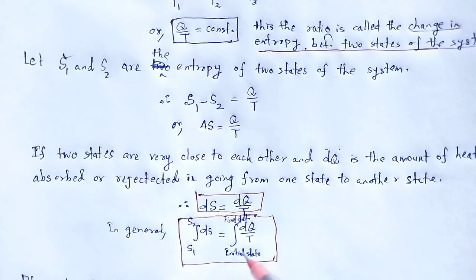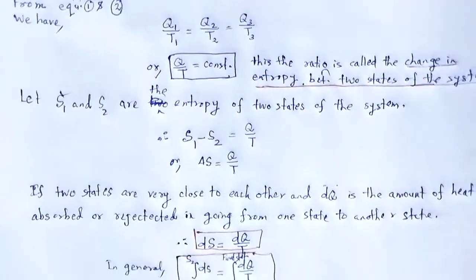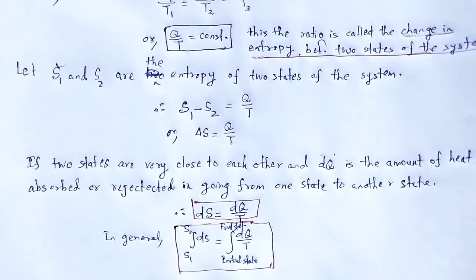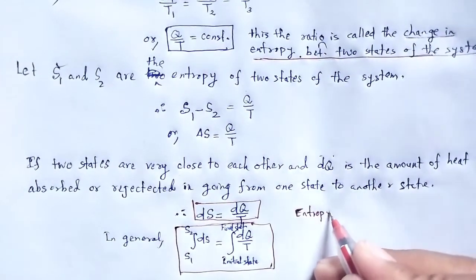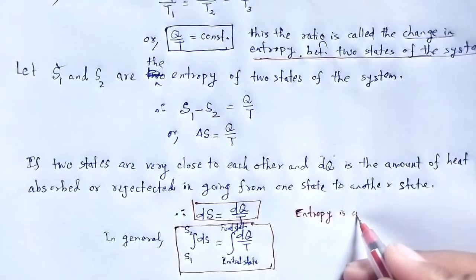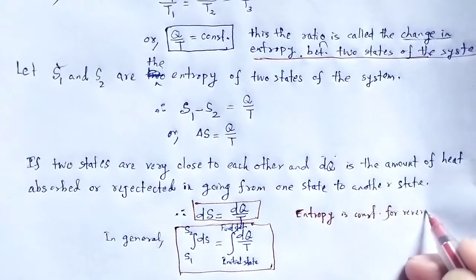Entropy remains constant in a reversible process, but increases in an irreversible process. Here we take the reversible process as Carnot's heat engine cycle, so the entropy will be constant. So I write two points here. Entropy is constant for a reversible process.